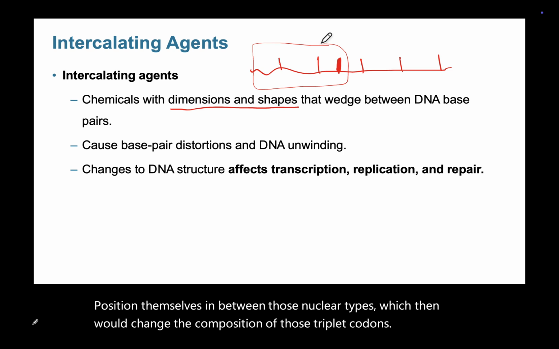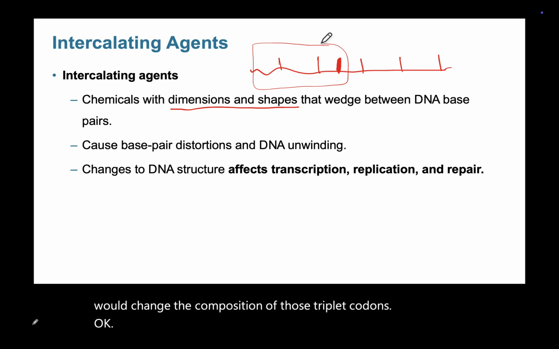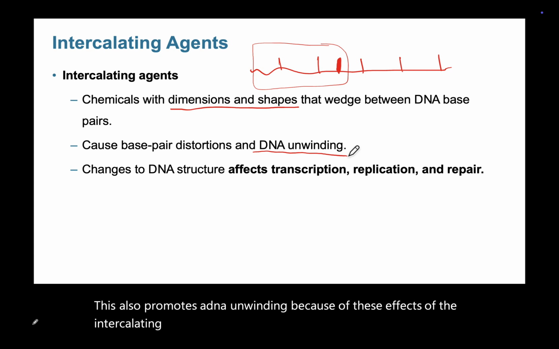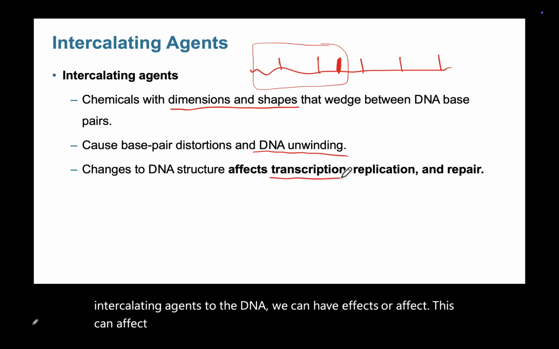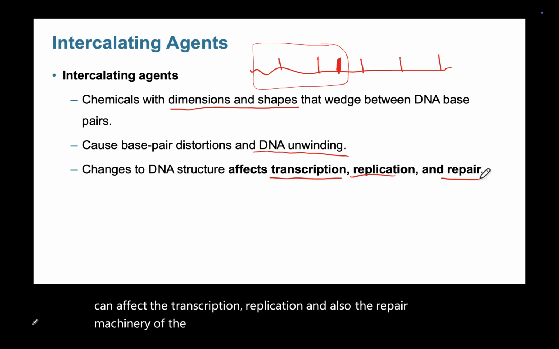Okay? This also promotes DNA unwinding. Because of these effects of the intercalating agents on the DNA, this can affect the transcription, replication, and also the repair machinery of the cell.